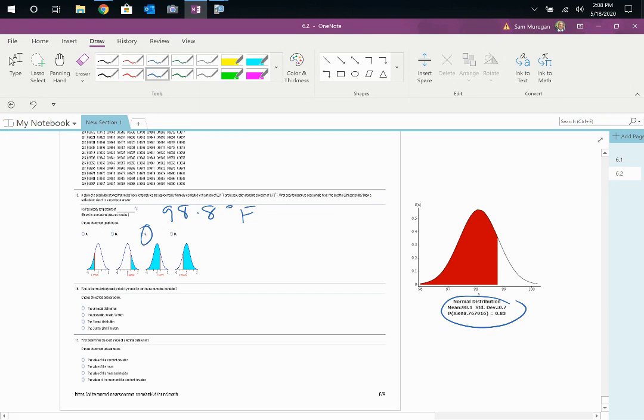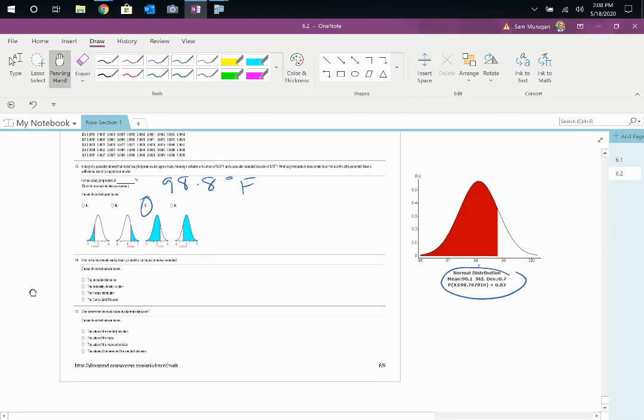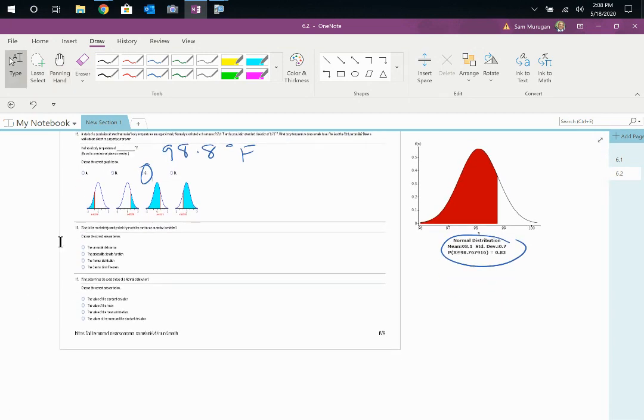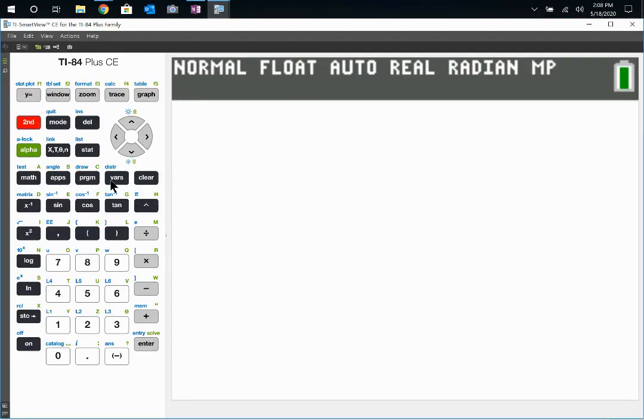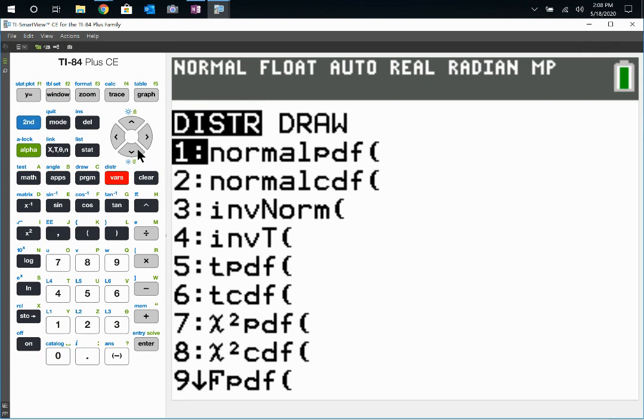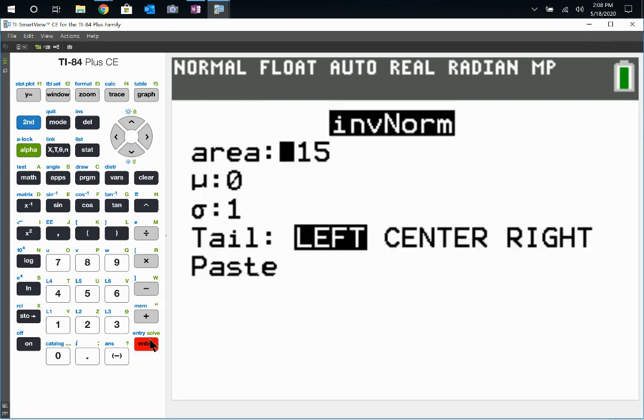If you wanted to do this problem with your calculator, you would do inverse norm. Type in 0.83 as the percentile, 98.1 as the mean, and the standard deviation is 0.7.